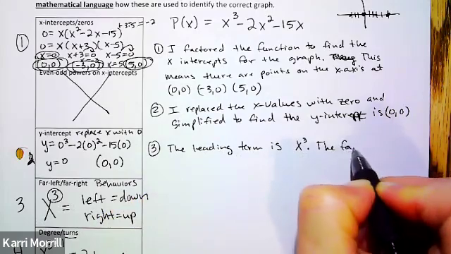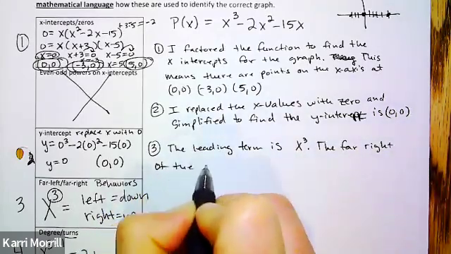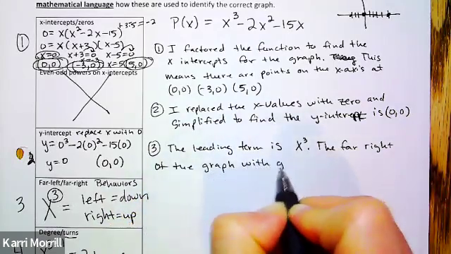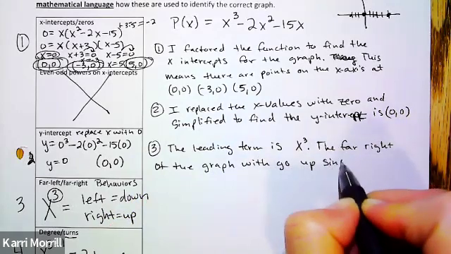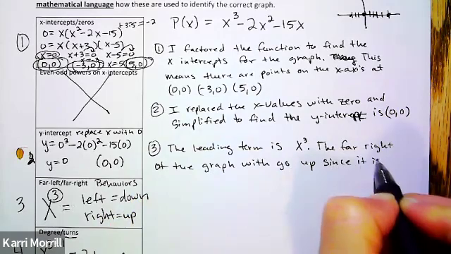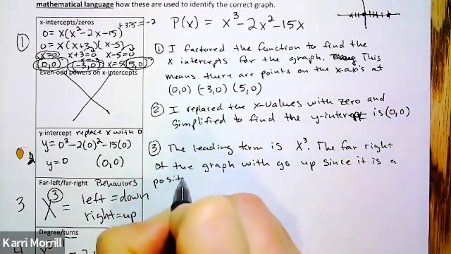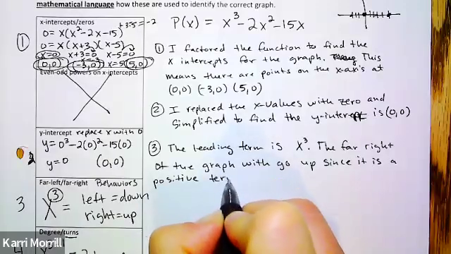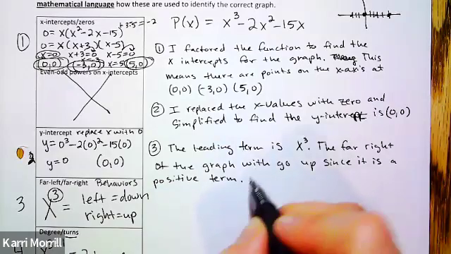The far right of the graph will go up since it is a positive term, or you could say since it has a positive coefficient, I suppose.